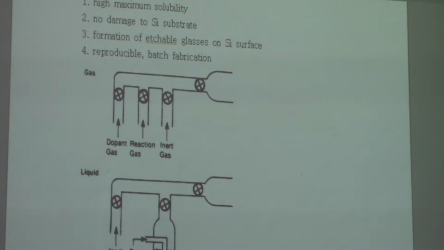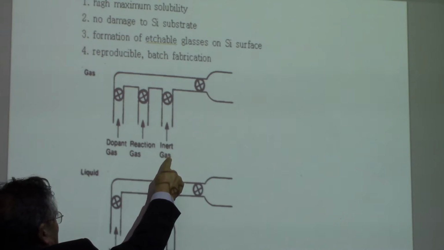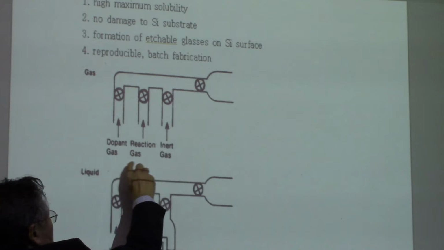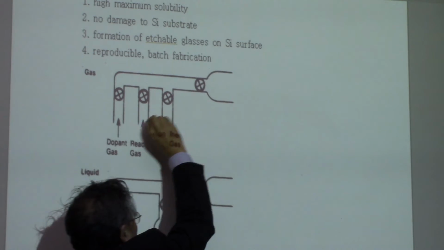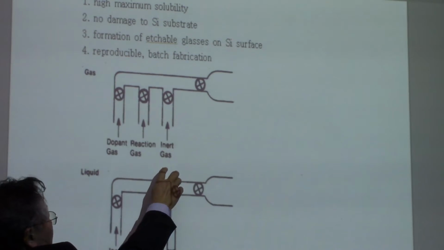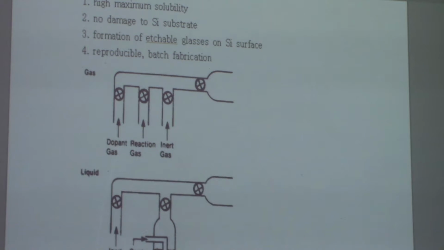And the system, if we use gas for the dopants, then we do have dopant gas, reaction gas, and inert gas. This inert gas we usually call the carrier gas. This inert gas carries the dopant gas, dopant atoms, into the system. Without this inert gas, carrier gas, the concentration of the dopant atoms in the chamber or furnace is too high.